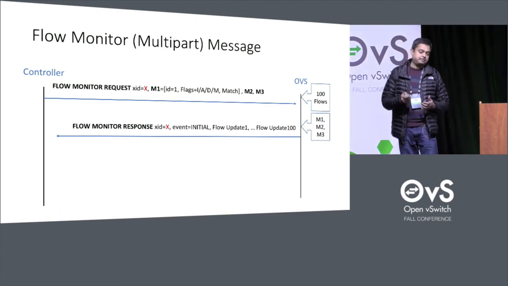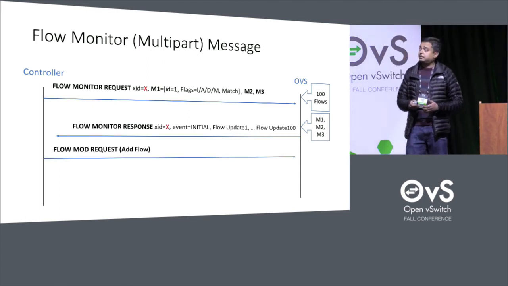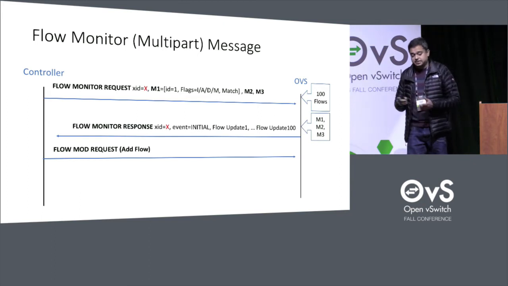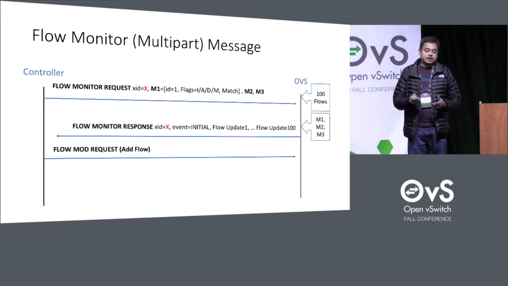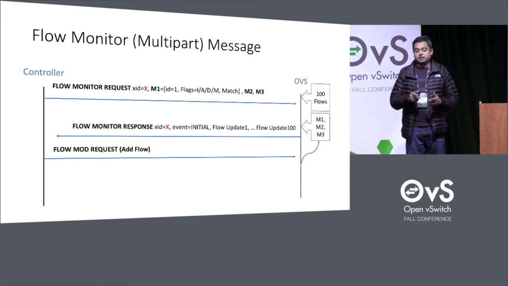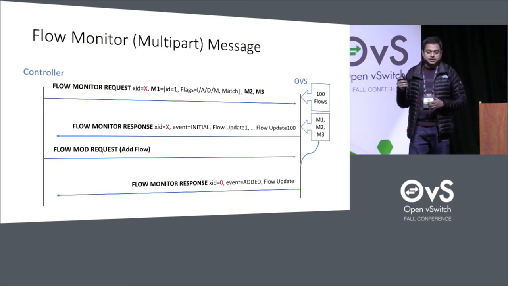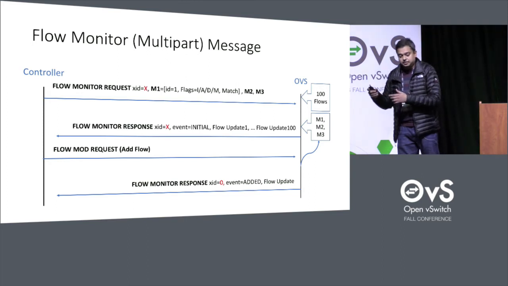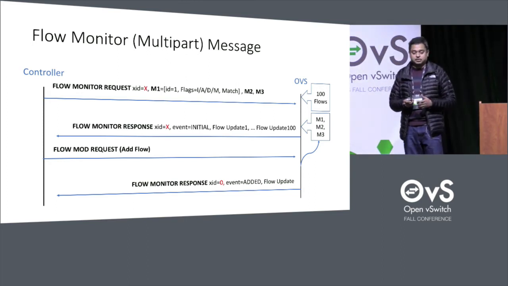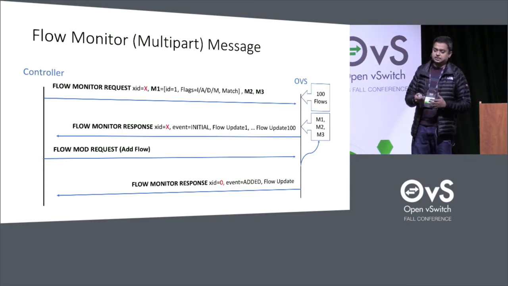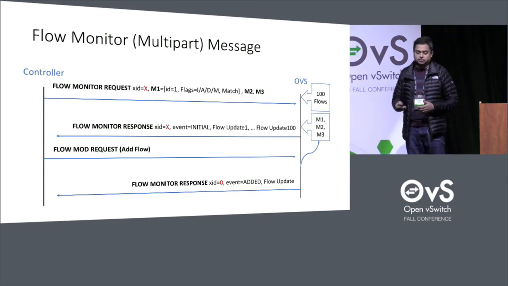Now, let's say after some time, the same controller or a different controller tries to add a flow to OVS, and that flow request matches the criteria of any one of the flow monitors. OVS is going to generate an async message back to the controller with the event added. And this will keep on happening as long as these monitors are installed in OVS.